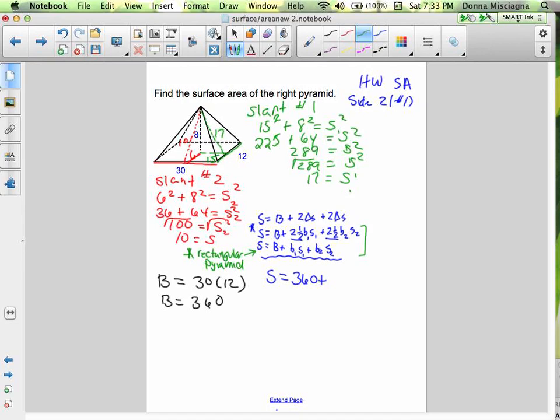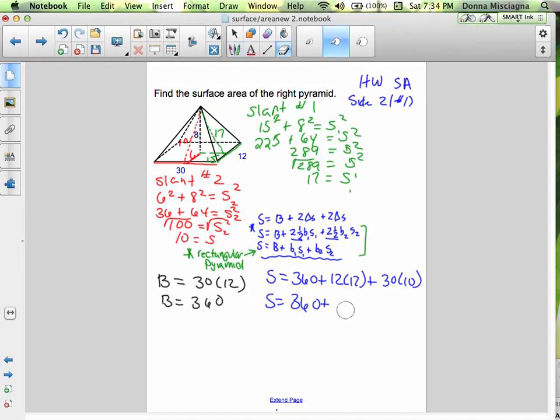So it's going to be 360 plus triangle number 1, 12 times 17, and then triangle number 2, we have 30 times 10, right? And there we go. So all I gotta do is calculate it out. 360 plus, oops, that's not a 12.